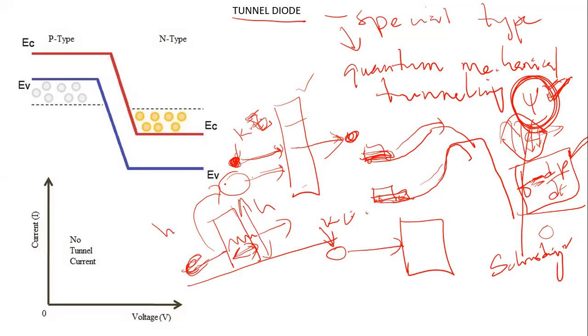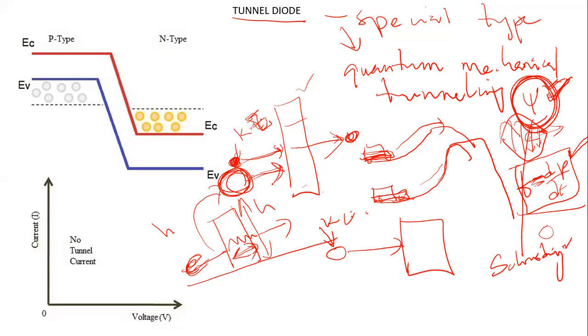Unlike in a classical system, which will penetrate the barrier only if it has kinetic energy greater than the barrier energy. A classical system having kinetic energy less than the barrier energy can never penetrate.